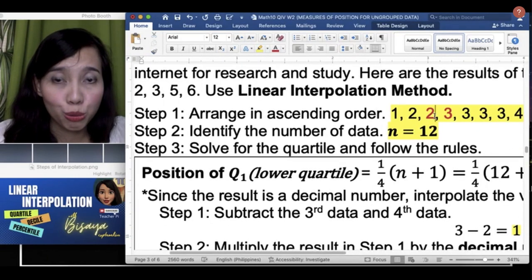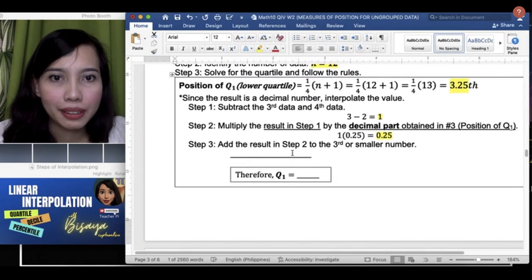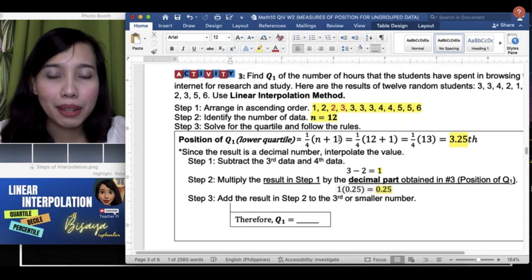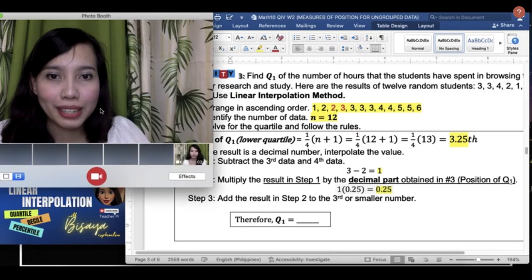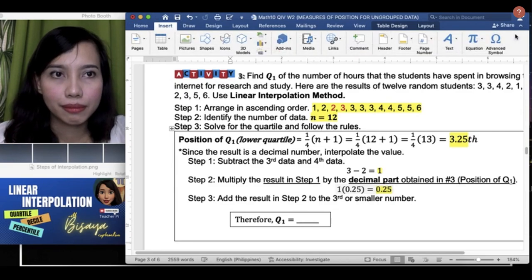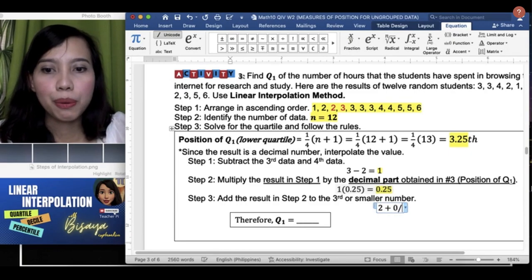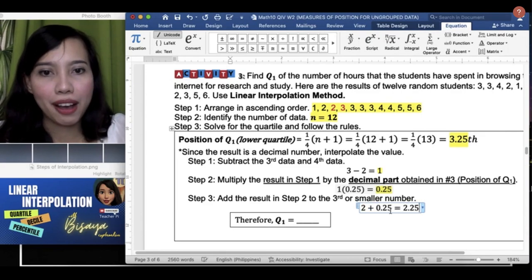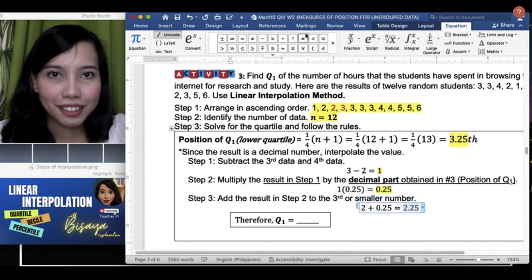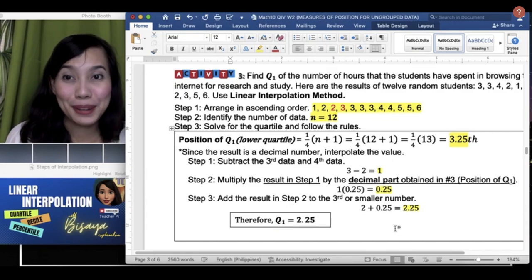It should be 2. Mas gamay man ang 2 kaysa 3. So, we will write 2 plus 0.25, which is equal to 2.25. Okay. There. It's 2.25.